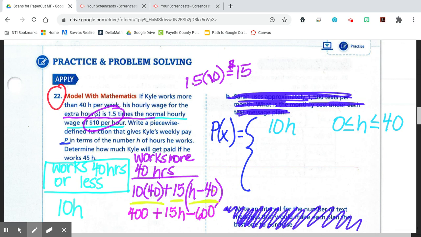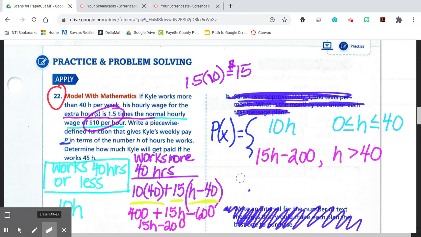And then I'll simplify that even further. I'll have 15H minus 200. So if he works more than 40 hours, he'll make 15H minus 200. So I'll add that to my piecewise function, if H is more than 40. And then I'm going to erase this so that I can have more space.